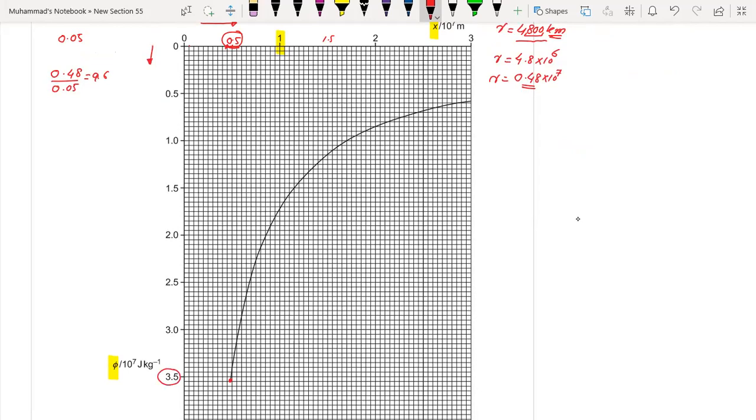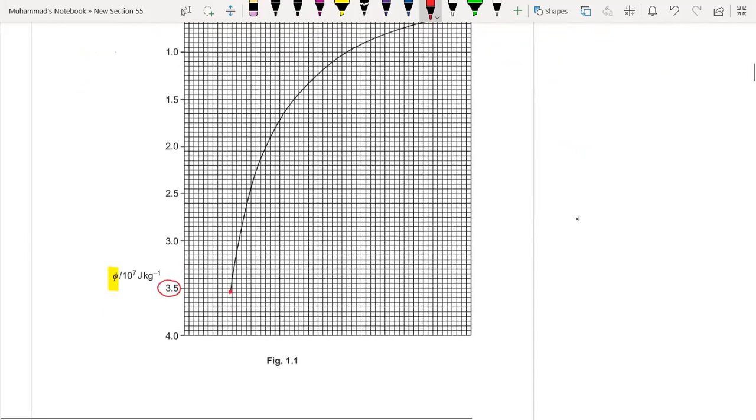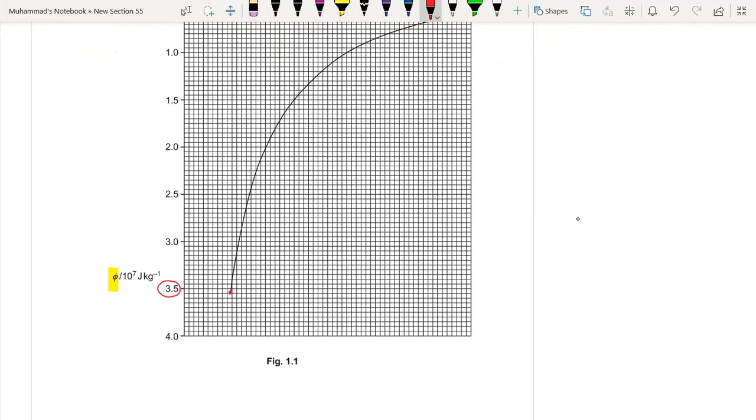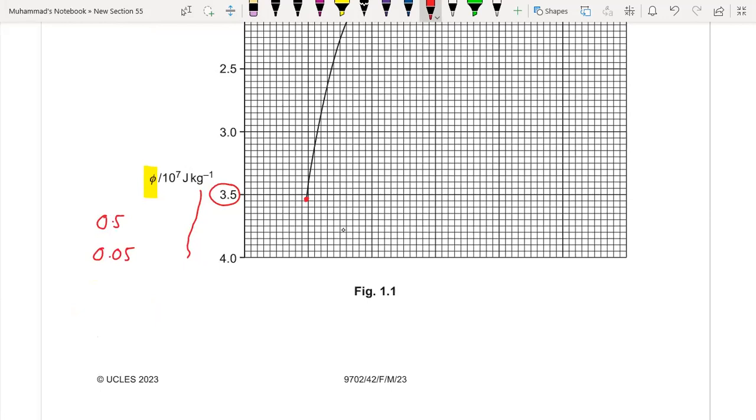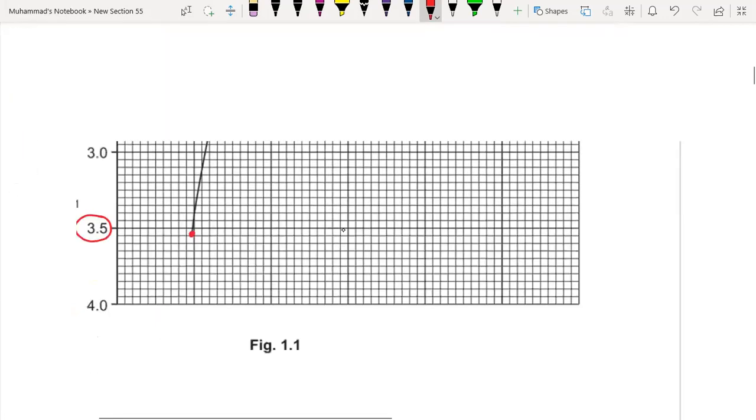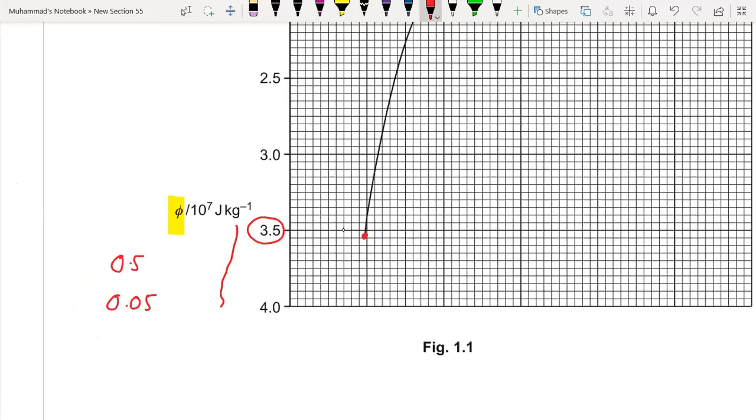So if you read this graph for this value, you will get the value for the potential. And if this is 3.5 times 10 to the power 7, then one small division on the y-axis, you can see from here, these are 10 small divisions and 10 small divisions is equal to 0.5. So one small division is 0.05. So if this is my point, and this is 3.5, what would be this value?